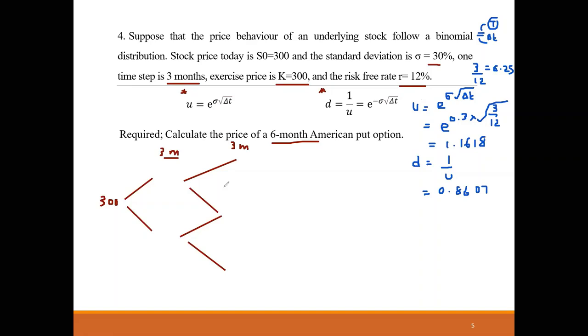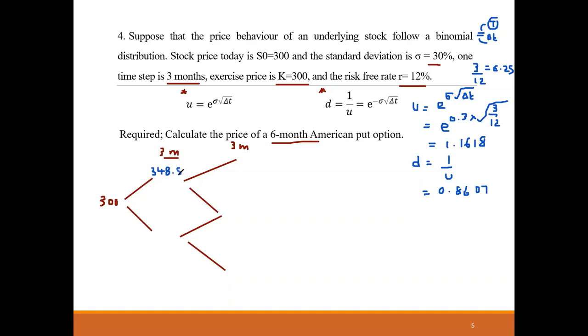So based on this, now develop the binomial tree. Now identify what would be the stock prices in 3 months and then again after another 3 months. So this would be 300 multiplied by U, which is 1.1618. There you will get 348.54.